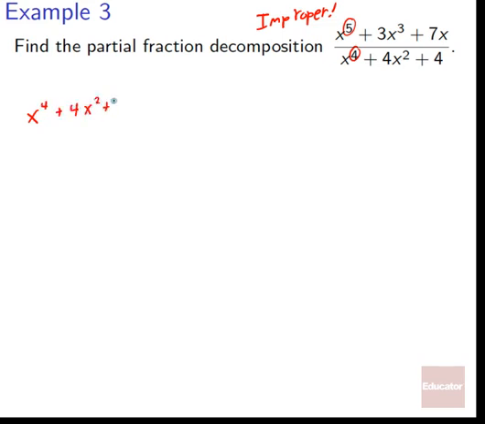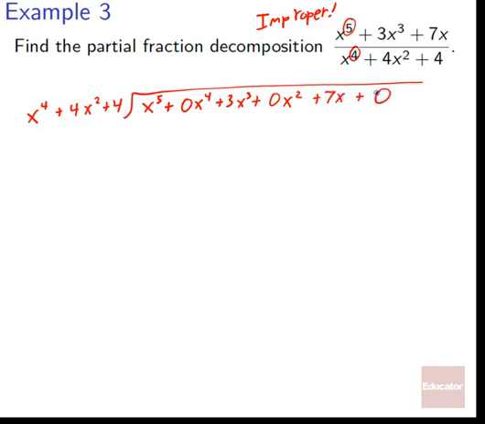4x squared plus 4 goes into x to the fifth plus, we have no x to the fourths, plus 3x cubed, we have no x squareds, plus 7x, and we have no constants. Okay, so how many times does x fourth go into x to the fifth? It goes in x, because x times x to the fourth gets us x to the fifth.